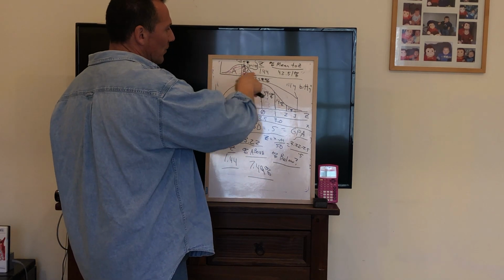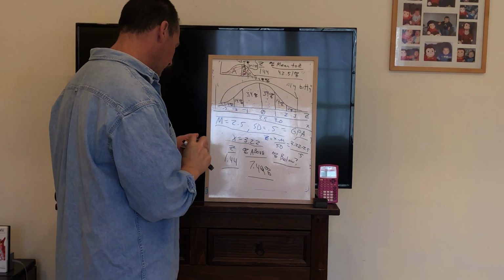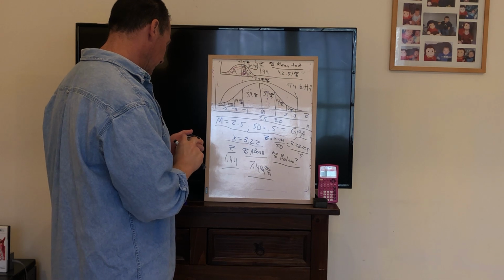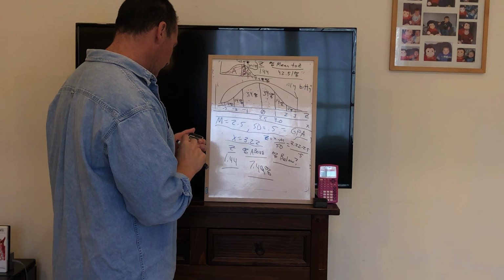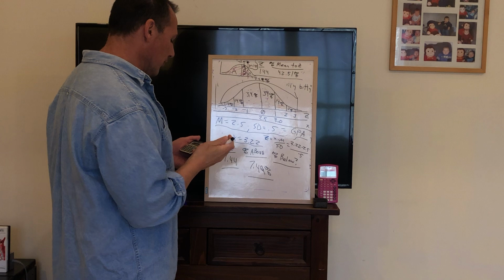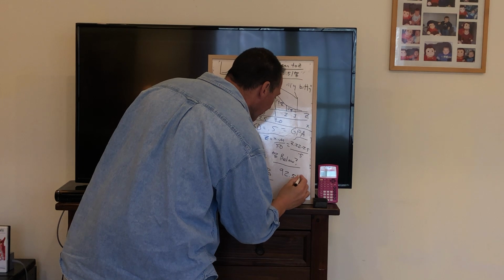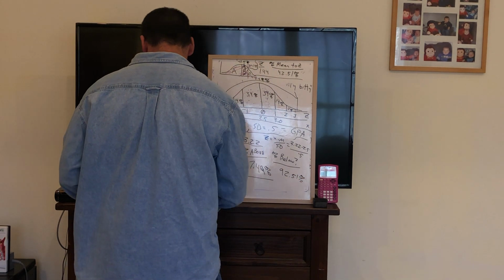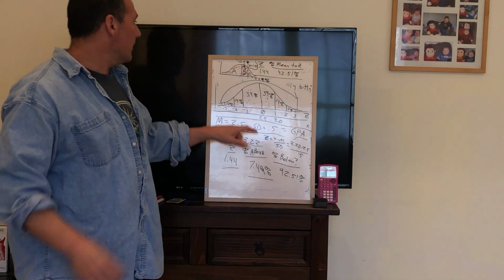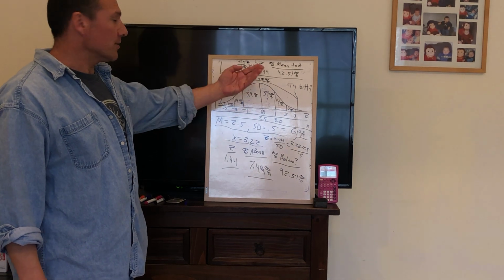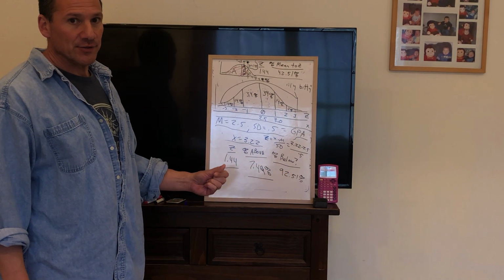So 50 plus 42.51% equals 92.51%. So everything in pink there is everything below that particular score, which is 92.51% of the distribution.